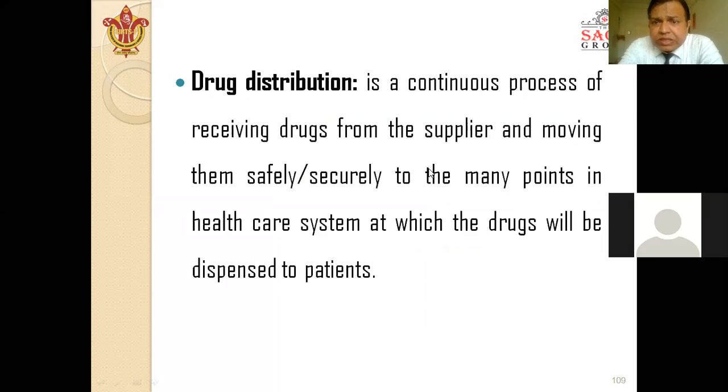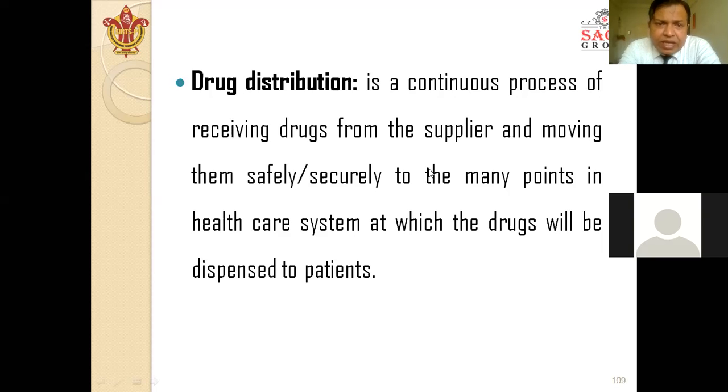Drug distribution is a continuous process of receiving drugs from the supplier and moving them safely and securely to the many points in the healthcare system at which the drugs will be dispensed to the patient. What is the main object of drug distribution? To procure the drug from the supplier and safely reach the patient for administration.